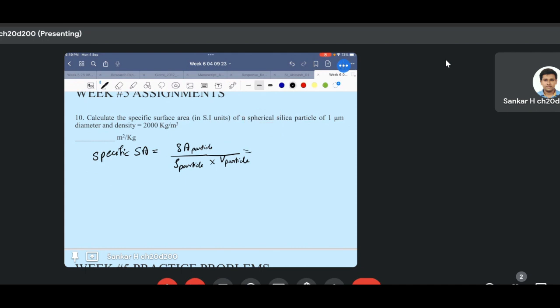So for a spherical particle, we can simplify this as pi d square divided by rho p times pi d cube by 6.